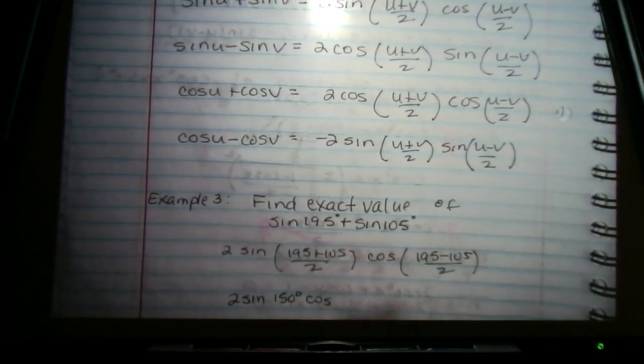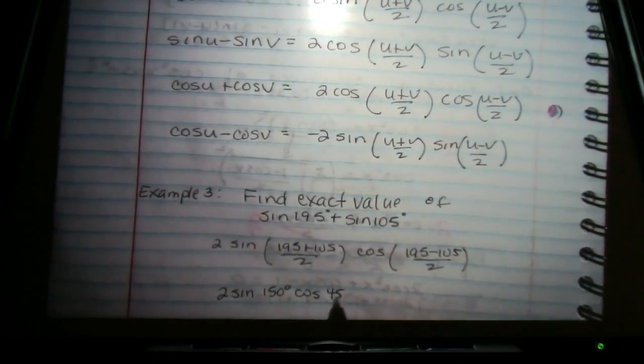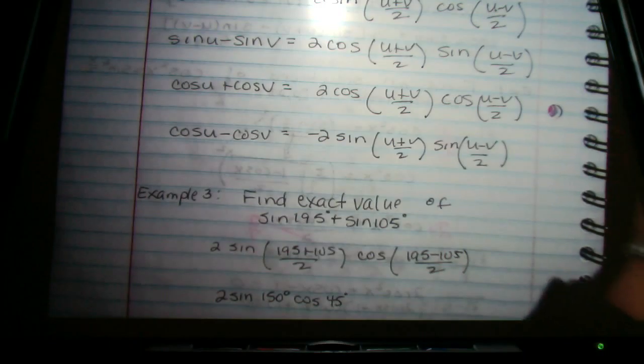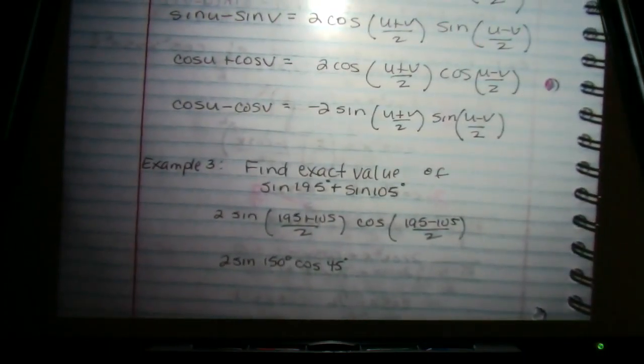And then 90 divided by 2 is 45. Now everybody should be able to go from here.